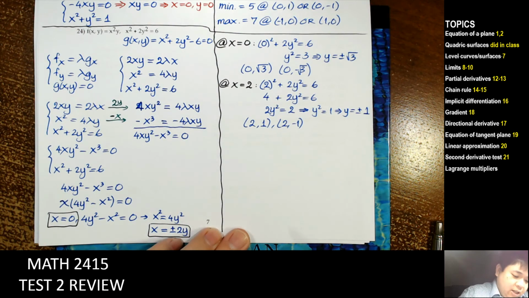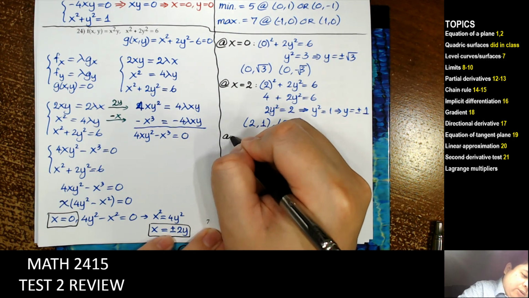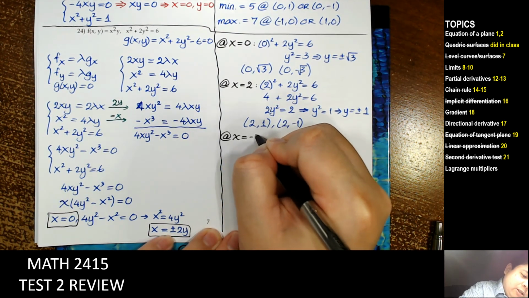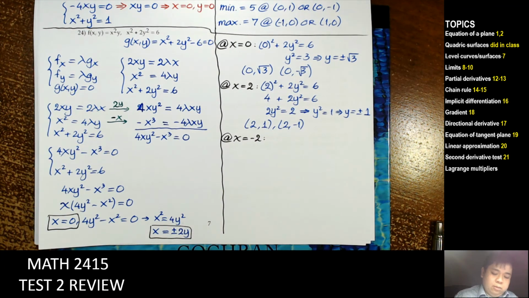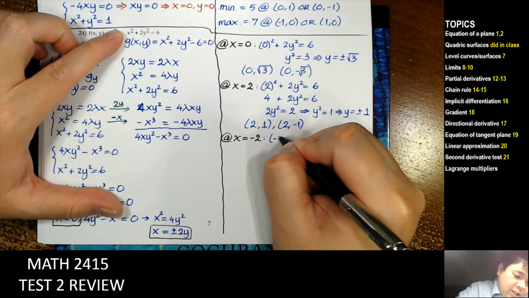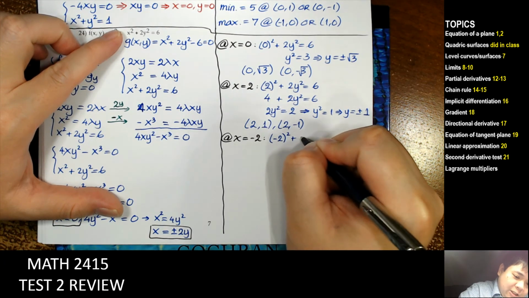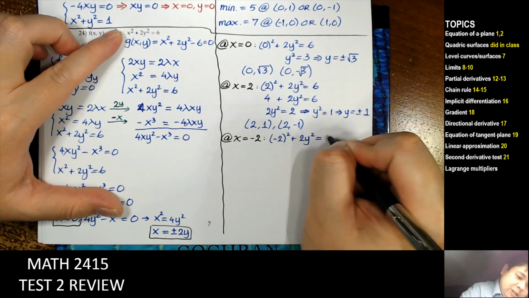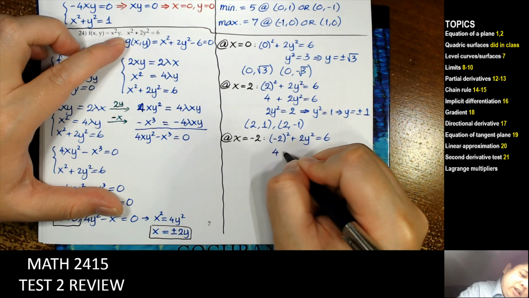And then next, x equal to negative 2. Put negative 2 in for x. We have the same thing.